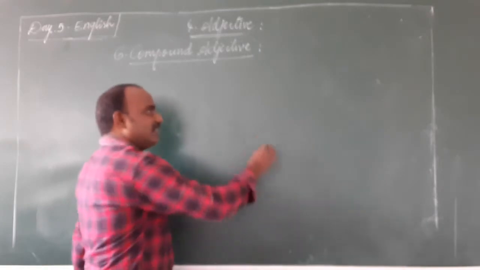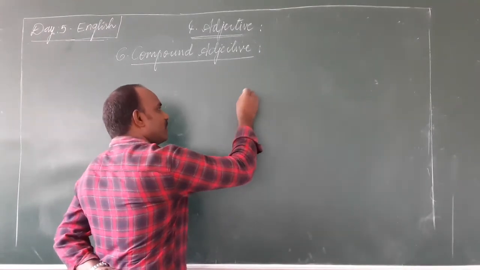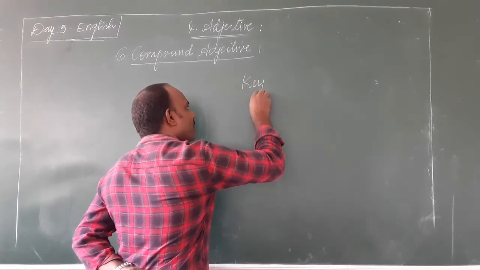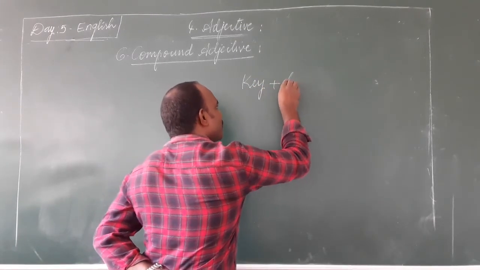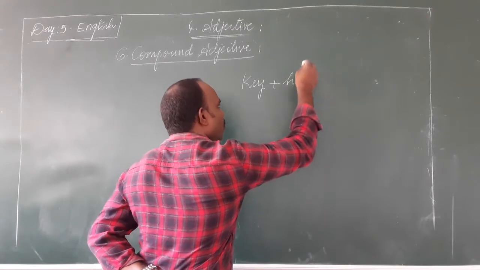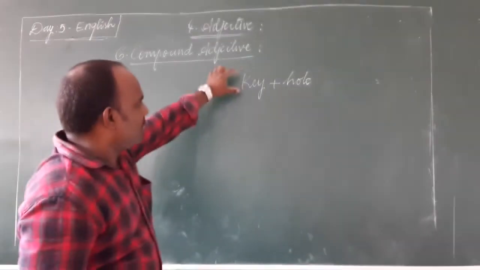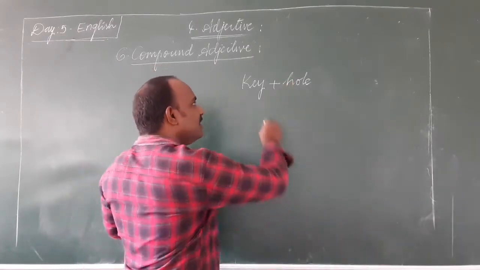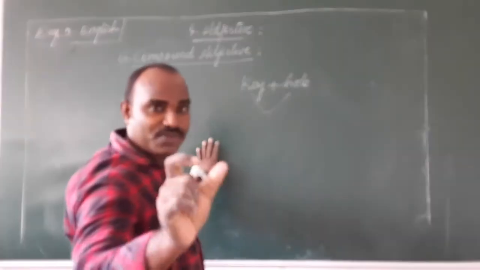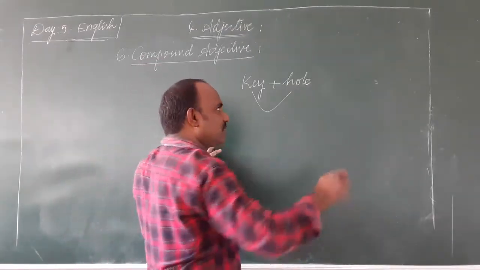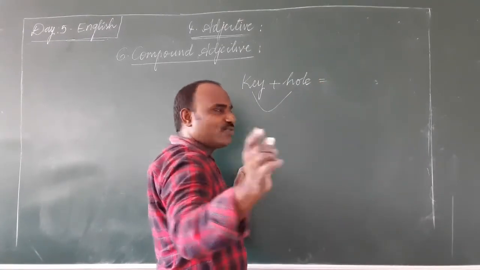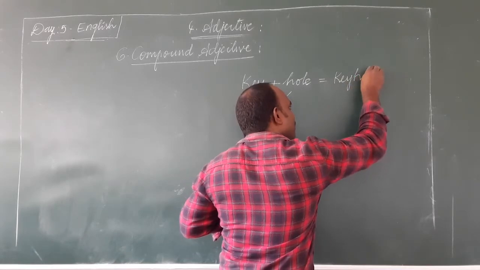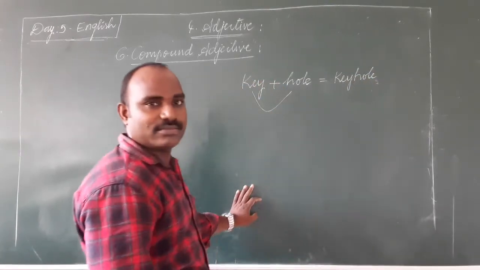I think you remember. See, for example, key plus hole. Key is a different word, it's a noun. Hole is a different word, a noun. These 2 individual nouns combine together and function as one word, that is keyhole.